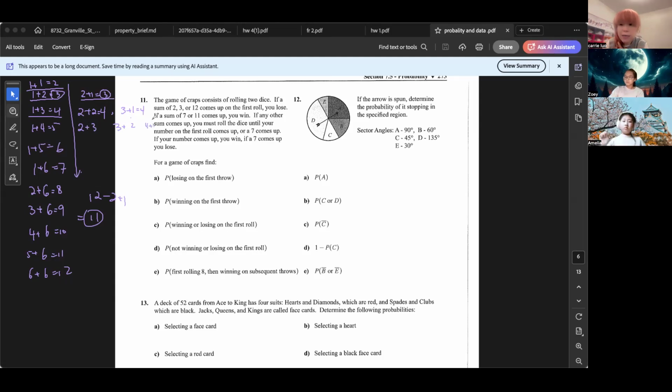Get it? So these ones, I want you to calculate it and think about it, okay? I'm not going to explain this question, but I want you to think about it in your homework.